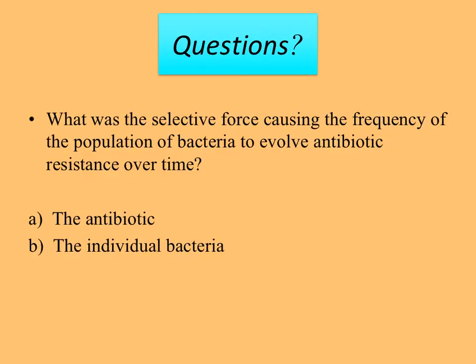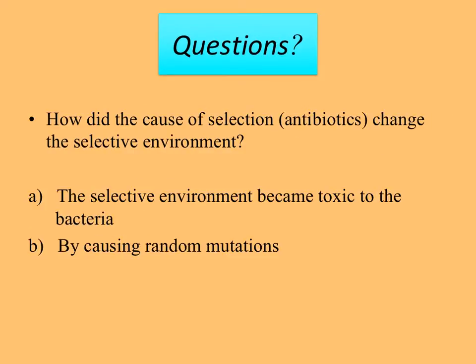What was the selective force causing the frequency of the population of bacteria to evolve antibiotic resistance over time? So what was the selective force, the antibiotic or the individual bacteria? Right. How did the cause of selection change the selective environment?